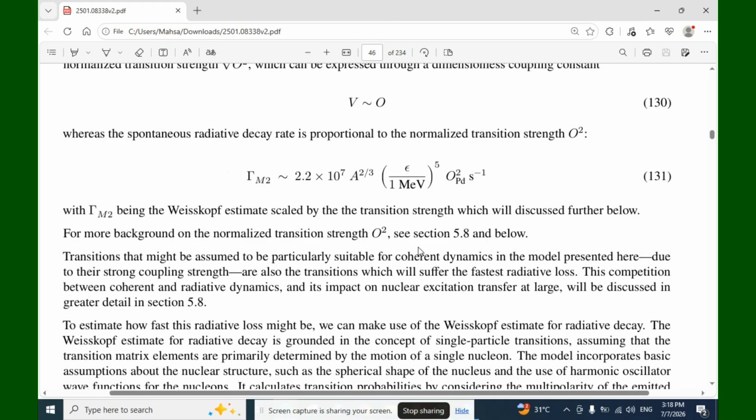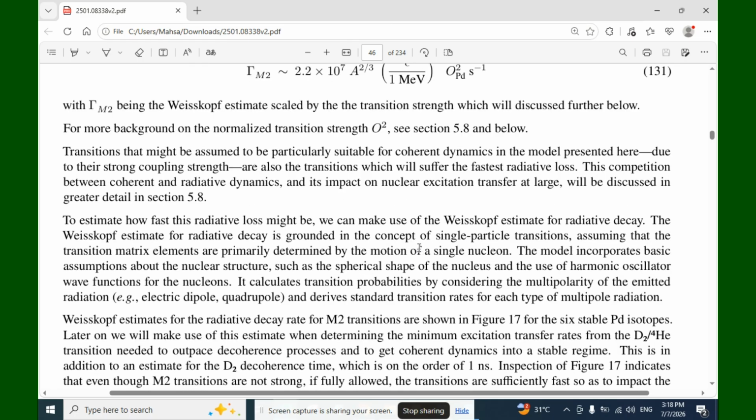Gamma M2 is almost equal to 2.2 multiplied by 10 to the power of 7 times (2 divided by 3) to the power of 2, epsilon divided by 1 mega electron volt to the power of 5, omicron to the power of 2, per second, with gamma M2 being the Weisskopf scale rate multiplied by the transition strength, which will be discussed further below.